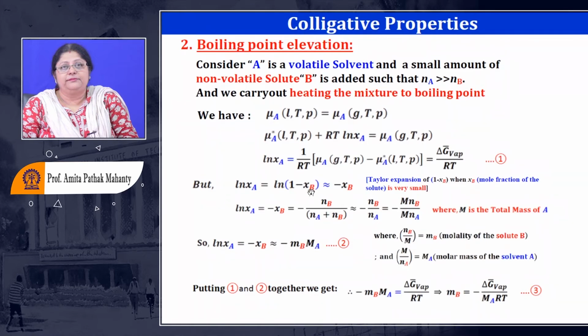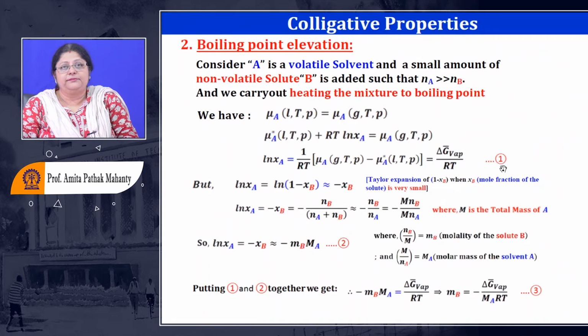Okay, ln of 1 minus x when x is very, very small can be rewritten as minus the molality of the solute times the molar mass of the solvent. This is from the manipulation I have done by multiplying the total mass of the solvent in the numerator and denominator.